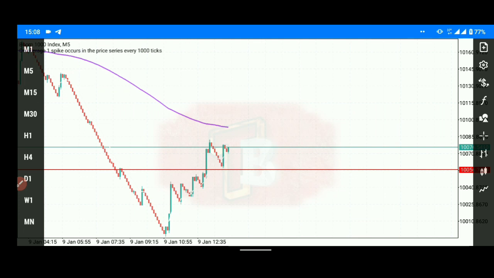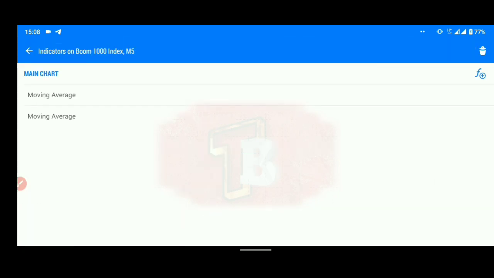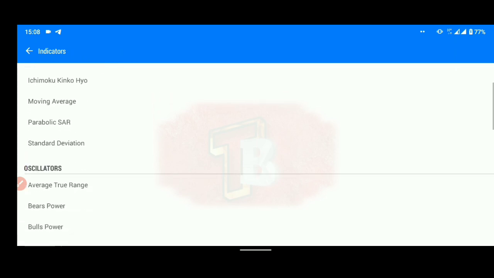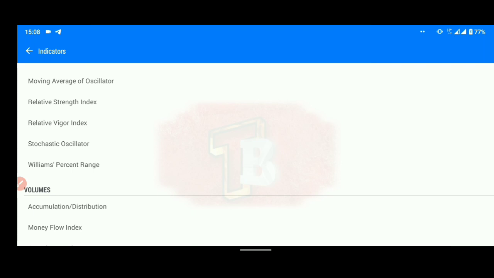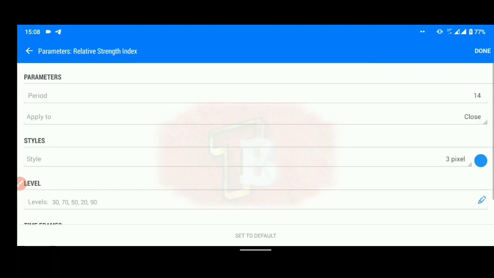All right, so let's add the RSI indicator. You go to your F, click on your F plus. You see your RSI, relative strength index, not relative Vigor index, relative strength index. All right, so the period is 14. Apply to close.